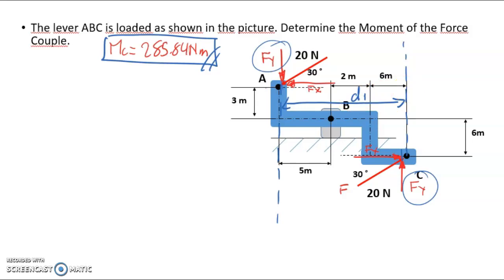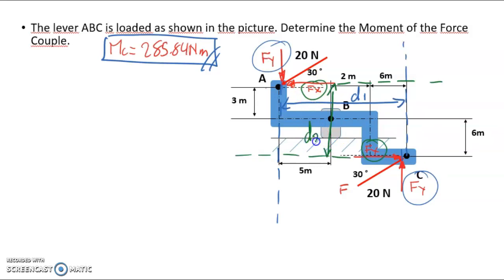Secondly, we have the force Fx that goes to the left and the force Fx that goes to the right. They have the same magnitude, they are parallel, and they go in different senses. That means if I wanted to obtain the moment of that other couple, I would need the distance between their action lines.